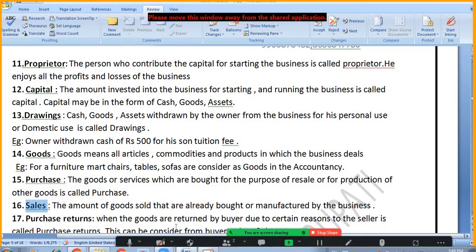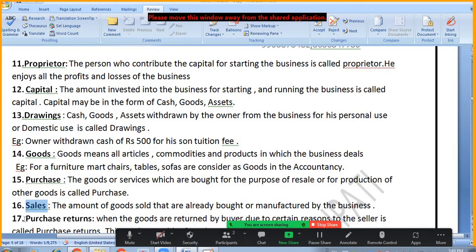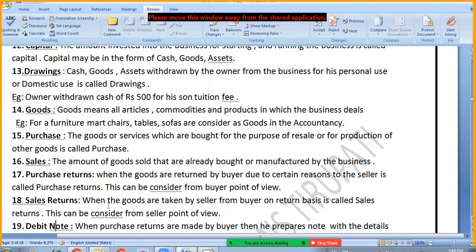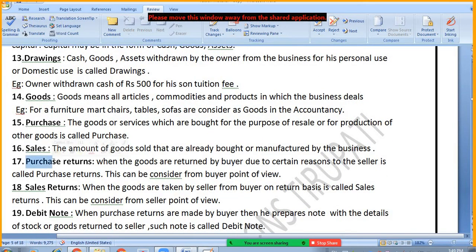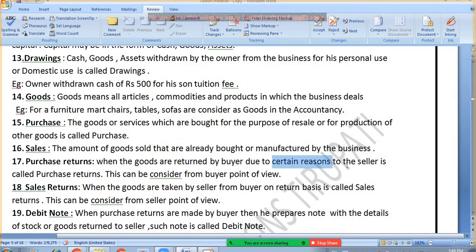Right, next one, purchase returns. When the goods are returned by the buyer to the seller due to certain reasons, it is called purchase returns. This is considered from the buyer's point of view.